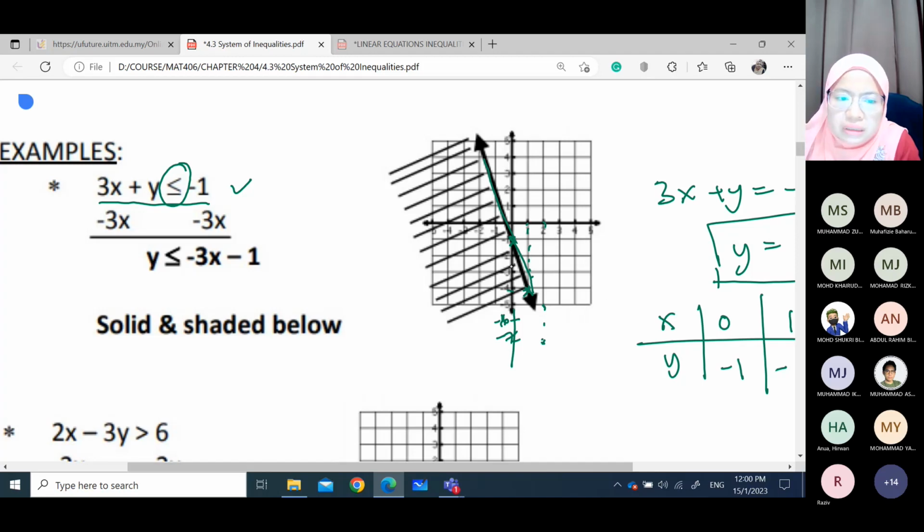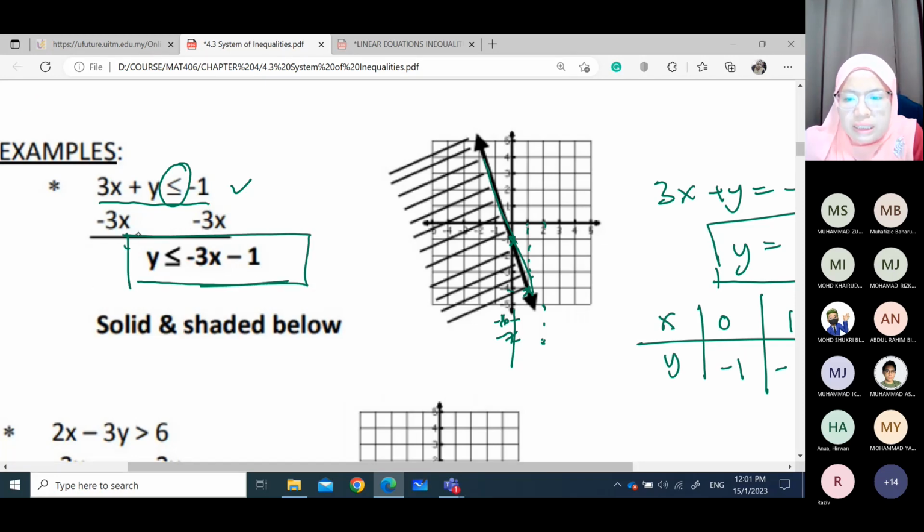Sekarang kita nak tengok inequalities dia. 3x plus y is less than or equal to negative 1. Okay, so based on this, we can say that y is less than or equal to negative 3x minus 1. So berdasarkan inequalities yang ini, mudah untuk kita shade dia punya graph. Okay, shade the region. Sekarang kita nak tahu sama ada region dia berada di sebelah kiri ataupun di sebelah kanan.